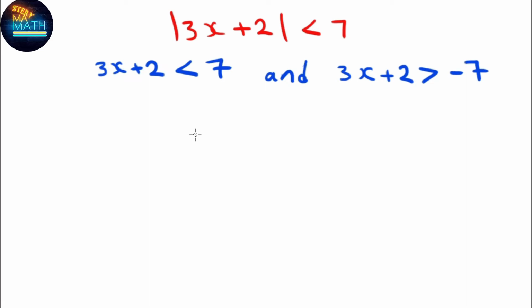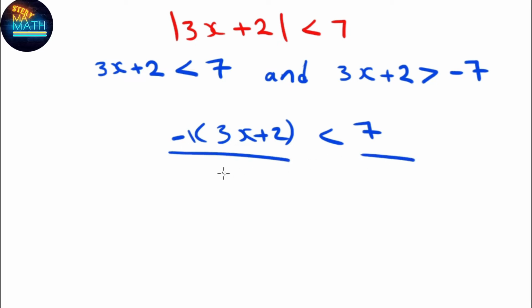And if you are wondering why we do that, it is because we write that expression inside the bars of the absolute value in positive and in negative. And when we write it in negative, it will be -(3x plus 2) is less than 7. And if you want to get rid of -1, you will divide both sides by -1.